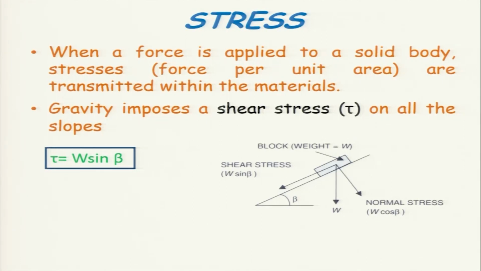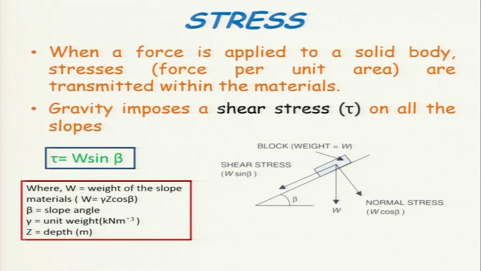So tau is given as W sine beta, or you can say W sine theta, that is the angle of slope, and this will be your shear stress. Where W is the weight of the material sitting on the slope, along or above the potential sliding plane.